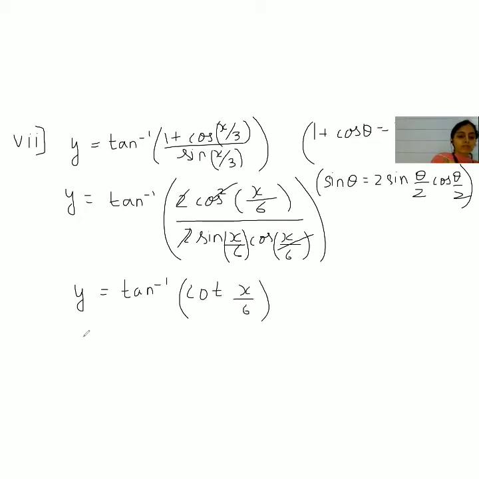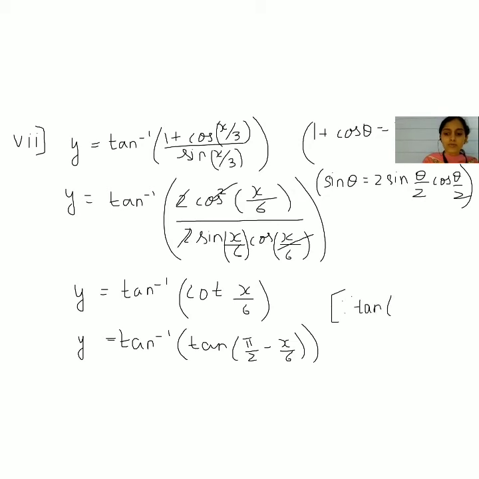We'll use complementary angles. So y is equal to tan inverse of tan of pi by 2 minus x by 6, right? Now here in the brackets we write the complementary function that we are using. Tan of pi by 2 minus theta is equal to cot theta, right?